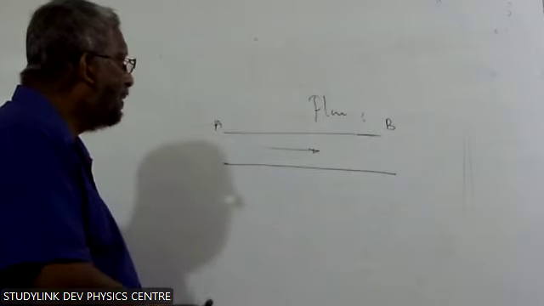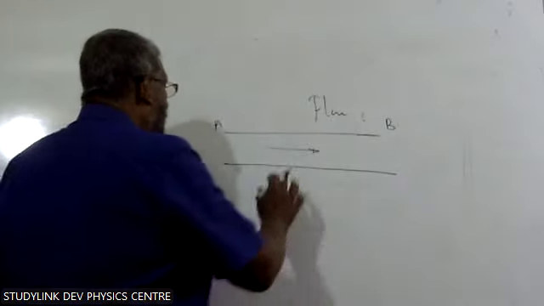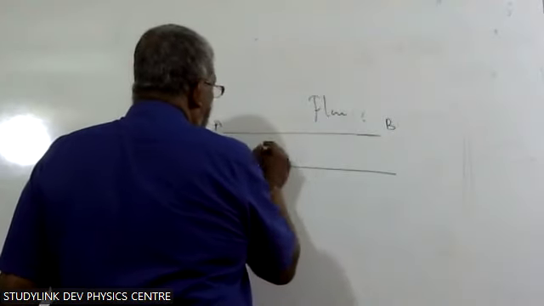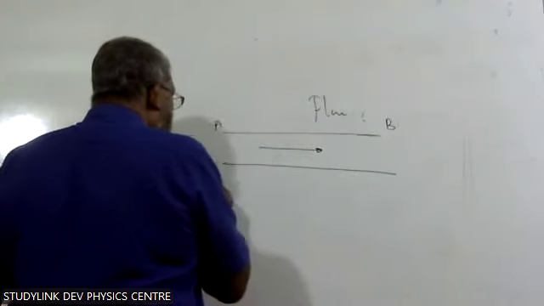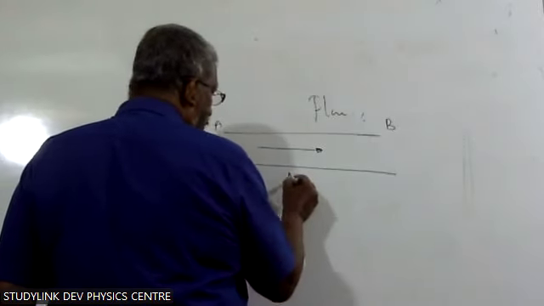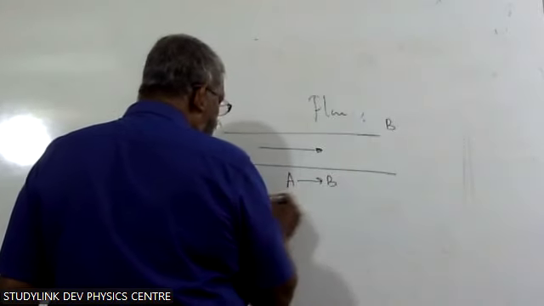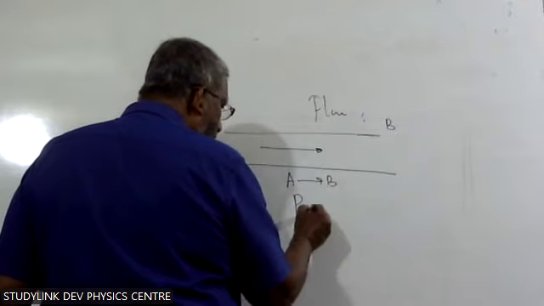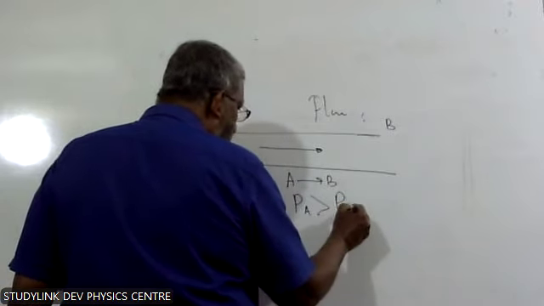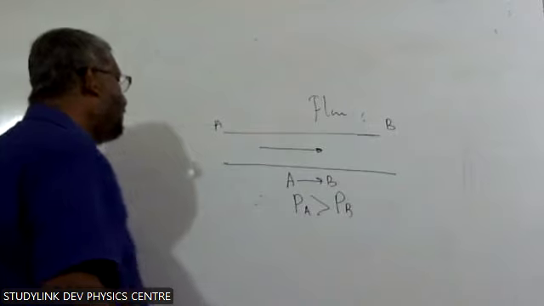Now, we'll say the flow is from A to B. Flow is from A to B. Therefore, PA is greater than PB. Let's draw this.